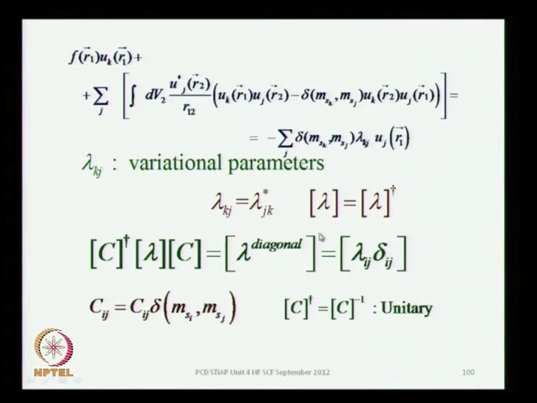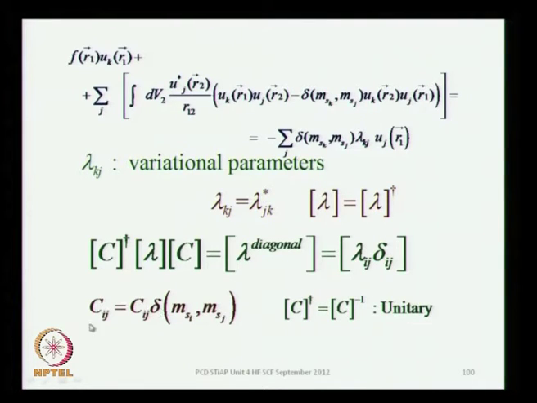And what is relevant to this diagonalization is, remember that the orthogonality of the spin part is already taken care of. So, the i and j indices of C will have nothing to do with the spin variable.